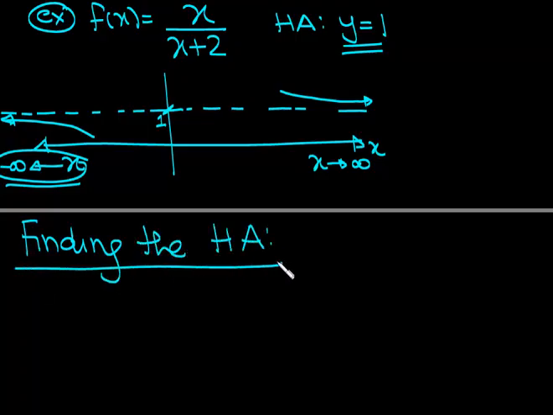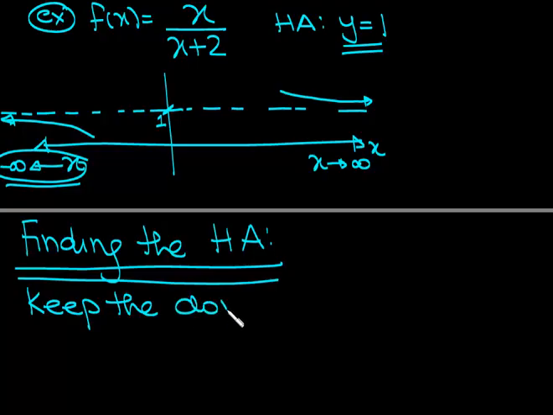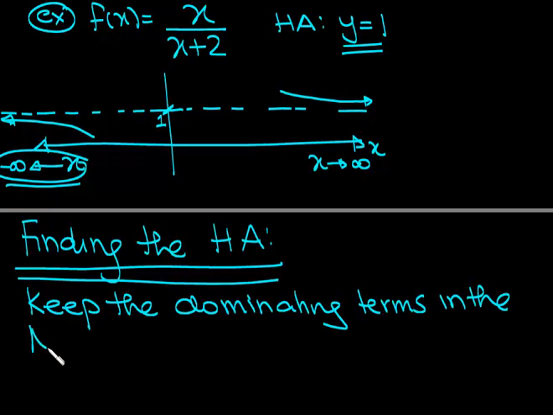If you remember, since the horizontal asymptote deals with extreme behavior, how did we do the extreme behavior when we did polynomials? We kept the dominating term, right? So we do the same thing over here. To find the horizontal asymptote, just keep the dominating terms in the numerator and denominator.